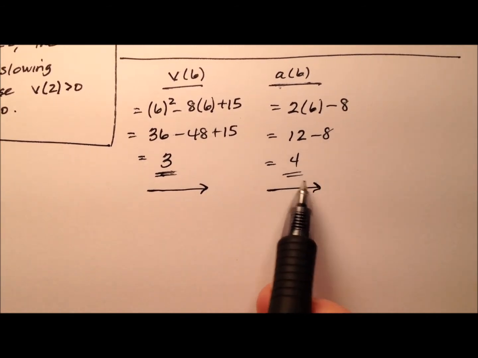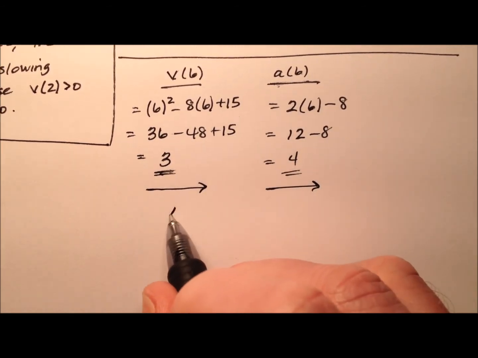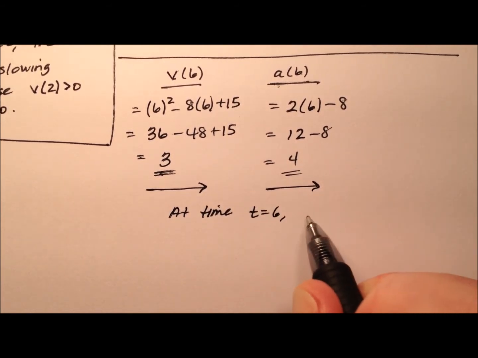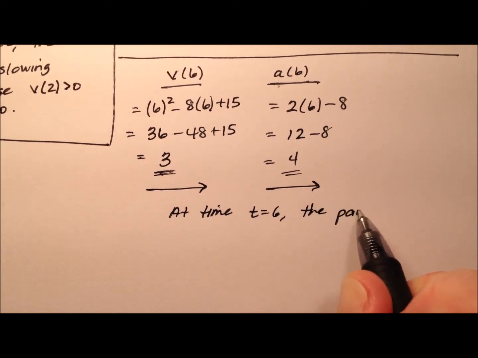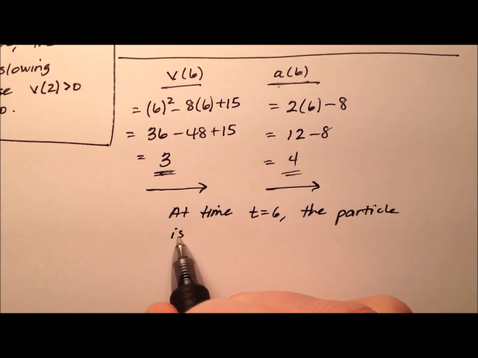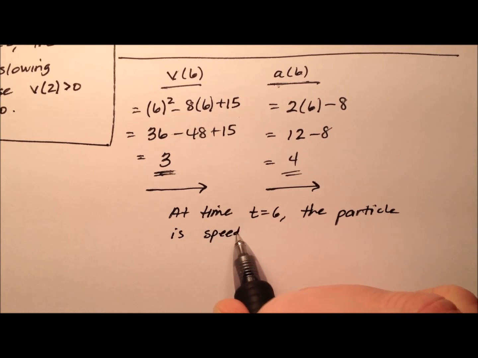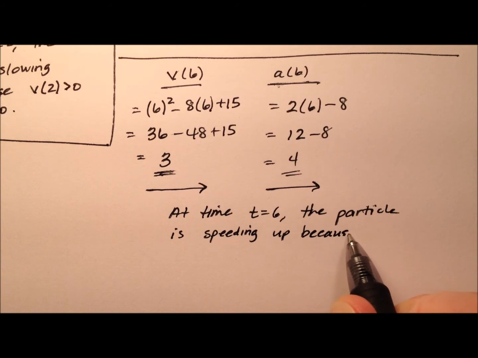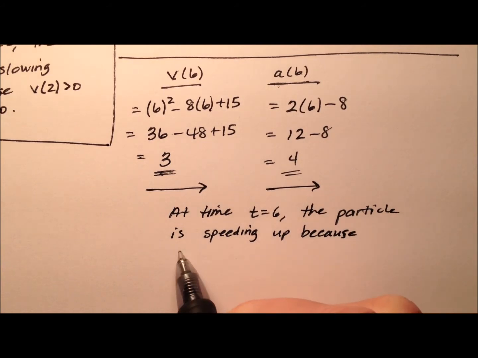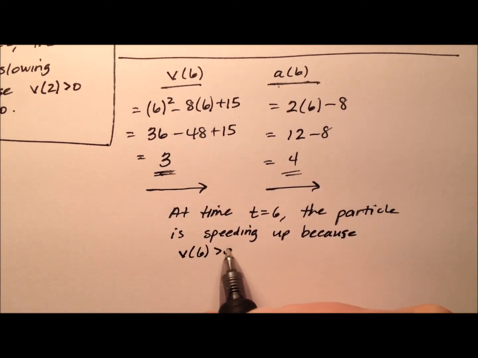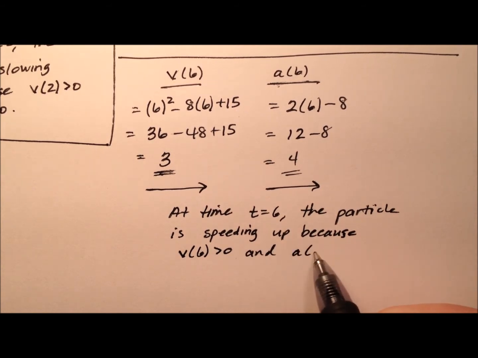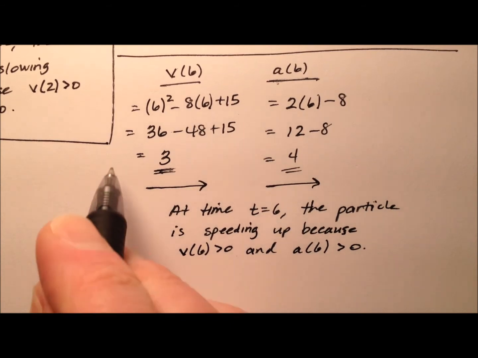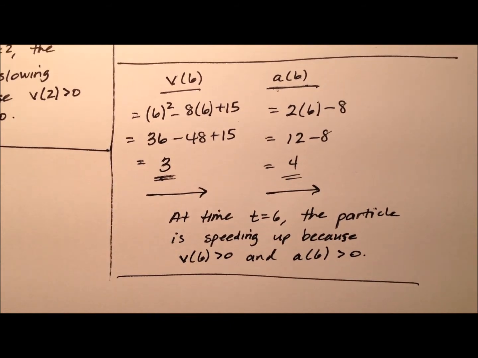Well, if he's being pushed in the same direction that he's moving, I'm going to say then at time t equals 6, the particle is speeding up because v of 6 is positive and a of 6 is positive. So they have the same signs. Okay, let's box that off as well.